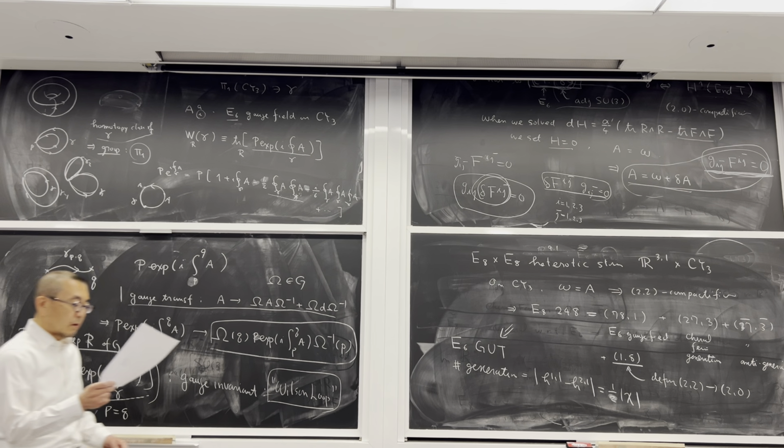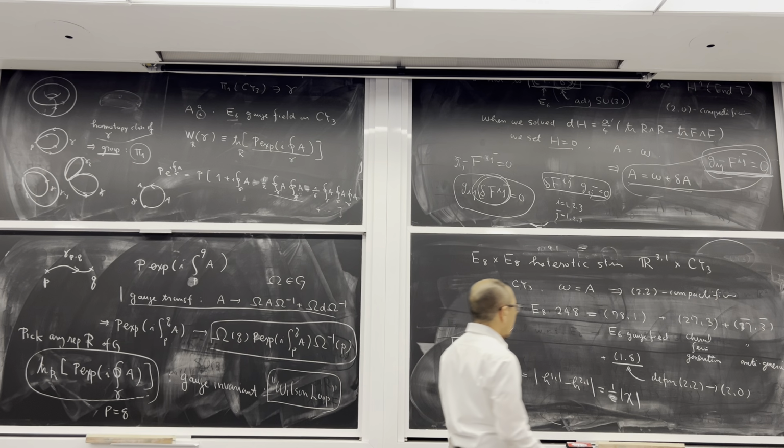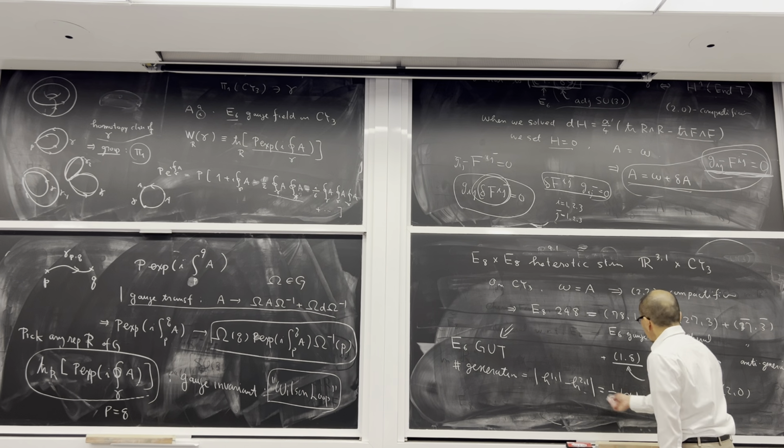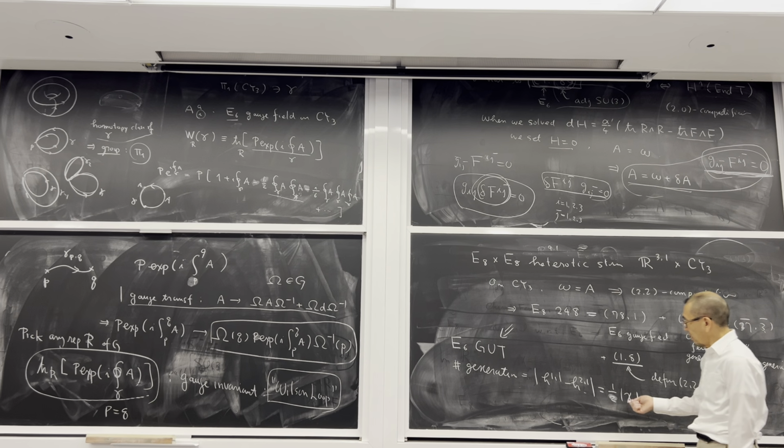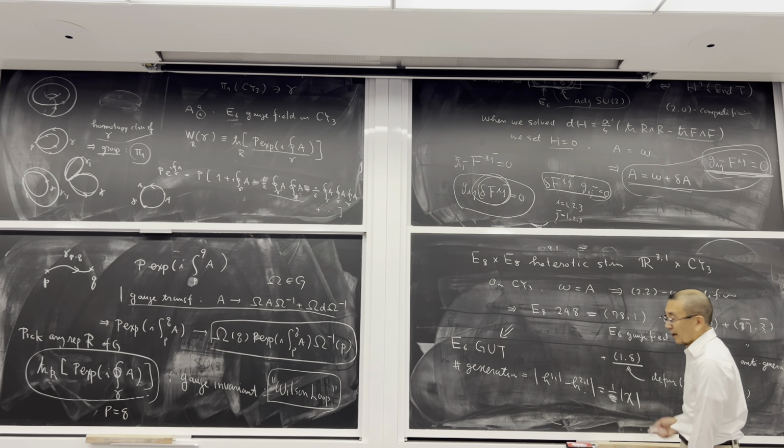Okay? And I put absolute value because whether you call this generation and the other one anti-generation, or the other way around, is a matter of convention. So we can call whichever is larger generation and the other one anti-generation.